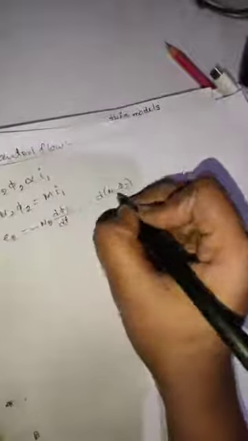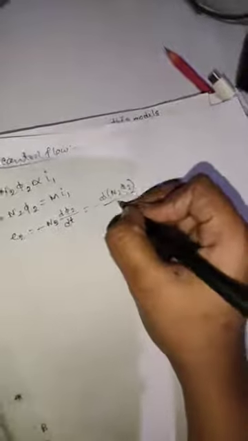Therefore E2 equals minus N2 d phi 2 by dt. Phi is basically, you can write it as N2 being introduced within the derivative, that is d by dt.